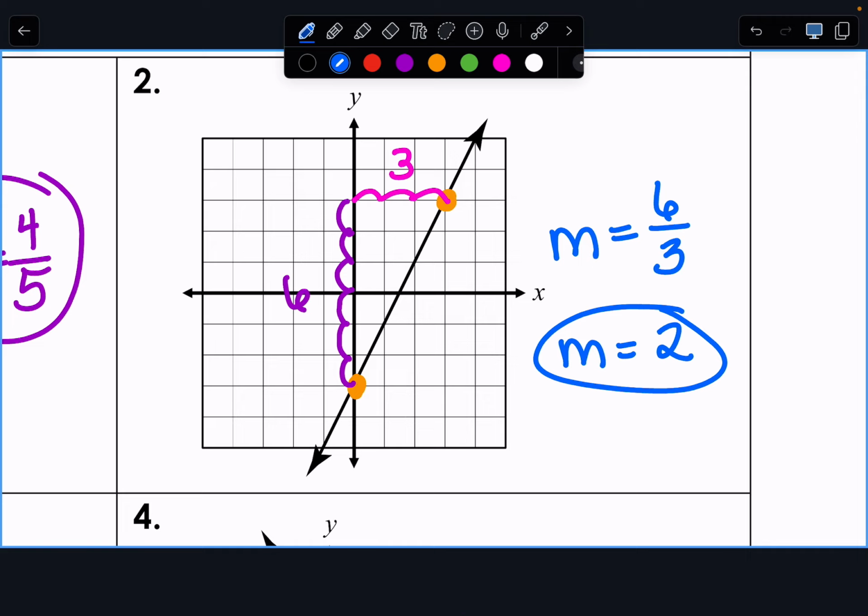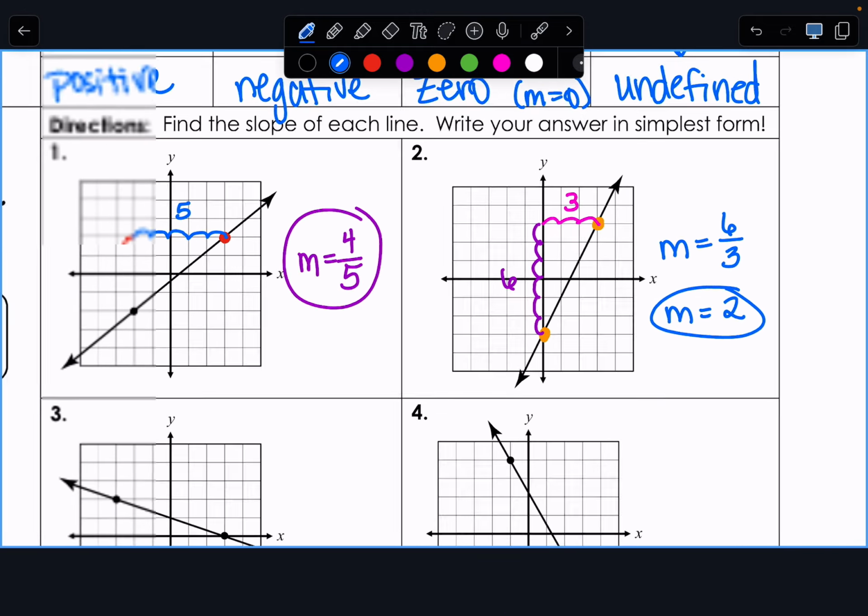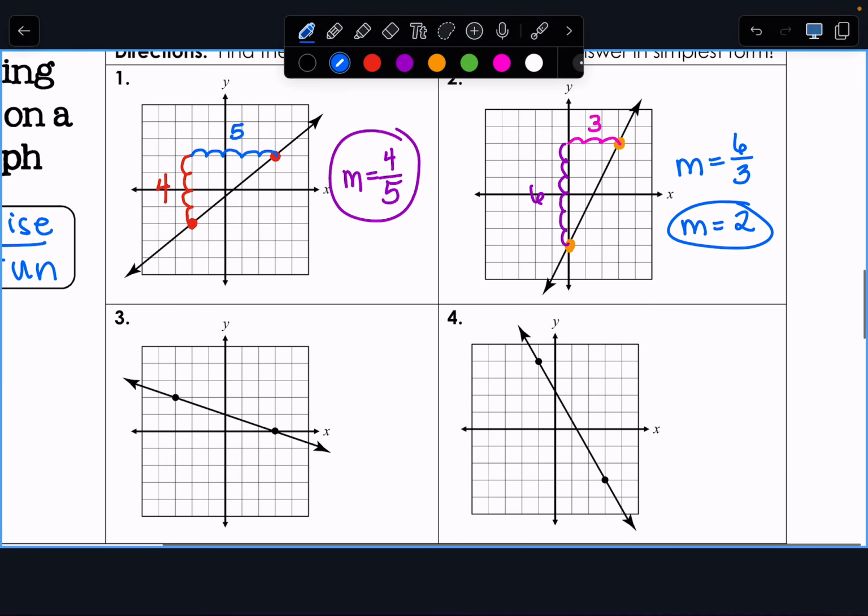How do we know whether... Okay, so I want you to look at 1 and 2 compared to 3 and 4. Do you see how 1 and 2 are going up from left to right, and so we had positive slope? Do you see for 3 and 4 how they're going down?